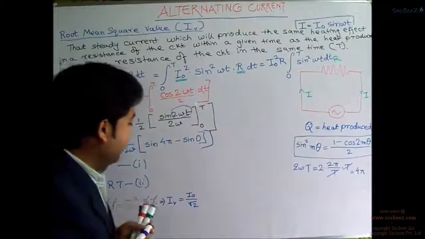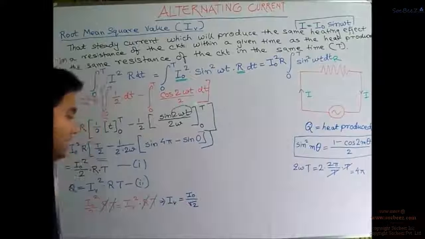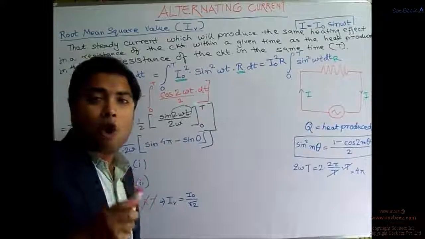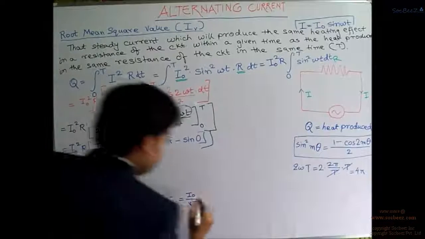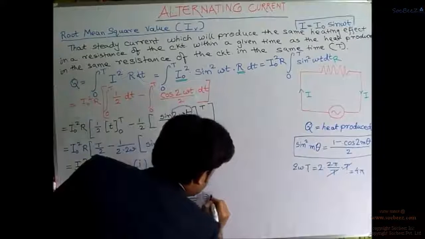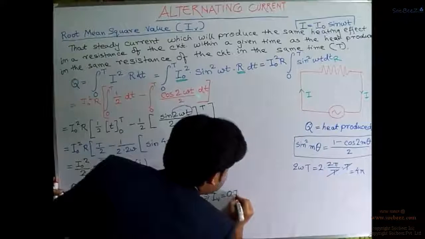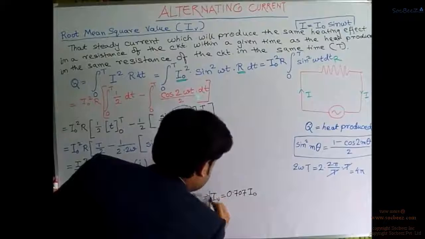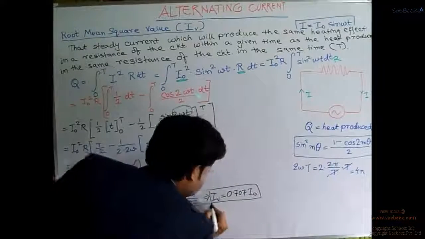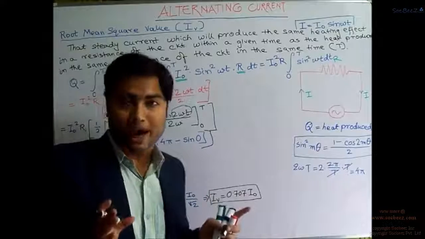And if we work out the value of 1 by root 2, we are going to find it to be 0.707. So we can write over here, IV will be equal to 0.707 I naught, right? This is the value of the root mean square.